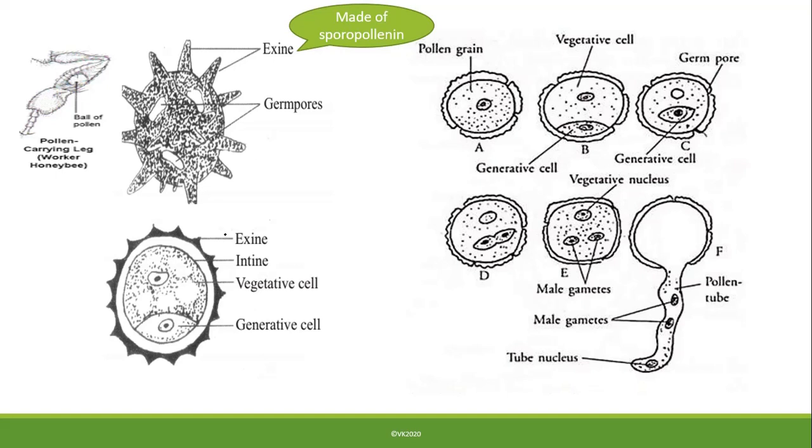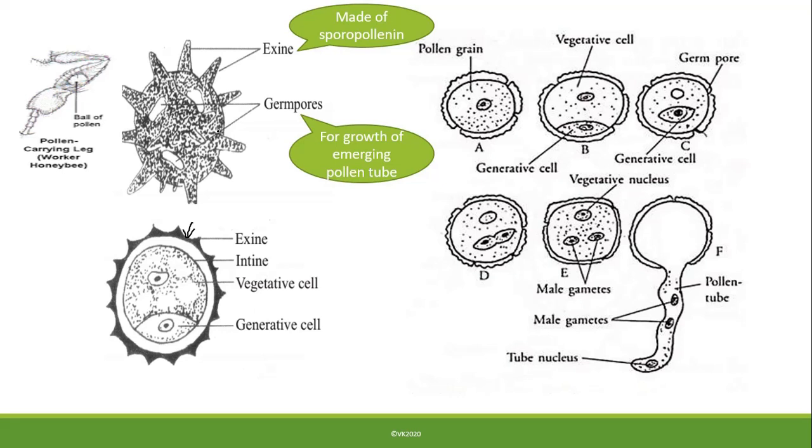Below the exine, we have intine, which is the second layer of the pollen grain, and the exine is interrupted by germ pores, these infolding regions. Now these germ pores are present to grow the emerging pollen tube.